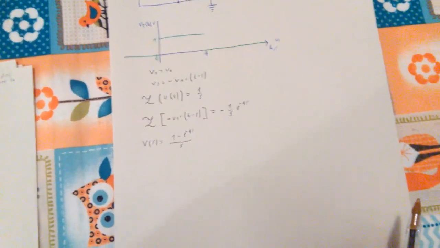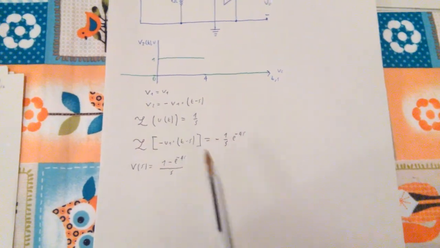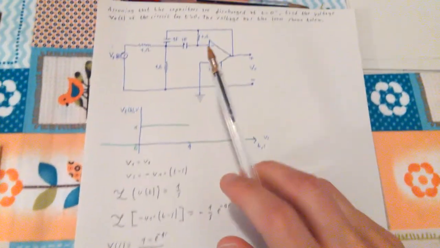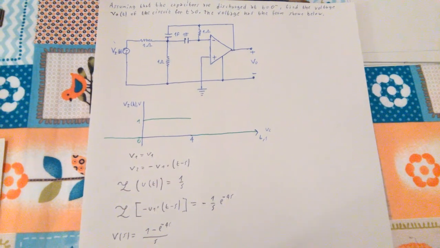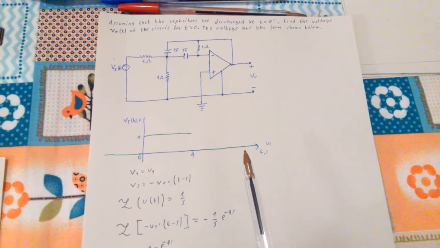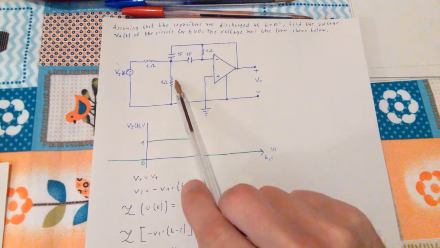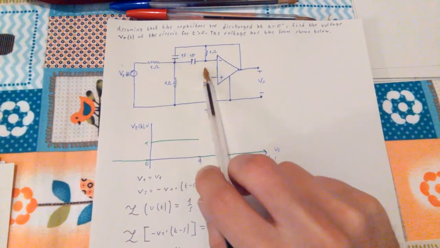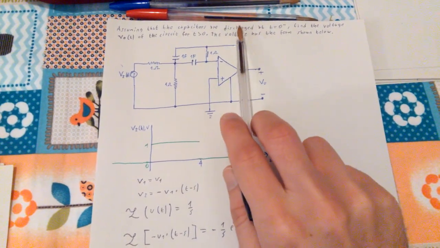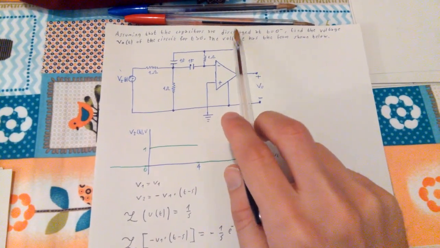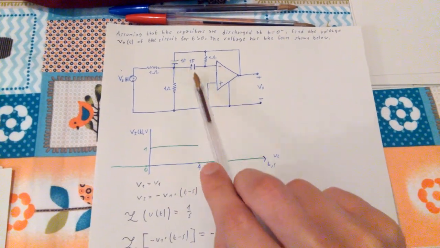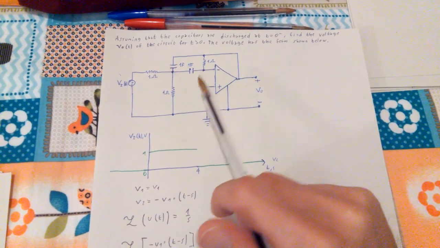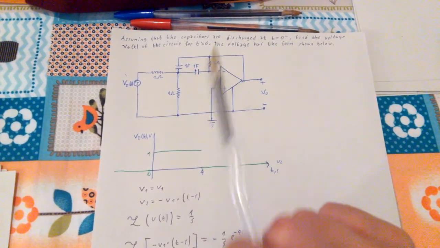Now, what we're going to do is draw the equivalent circuit of Laplace for this circuit. Those resistances are still going to be resistances, and those two capacitors, since they are initially discharged, are just going to be substituted by impedances, which I'm going to draw essentially as boxes, but I mean resistances.